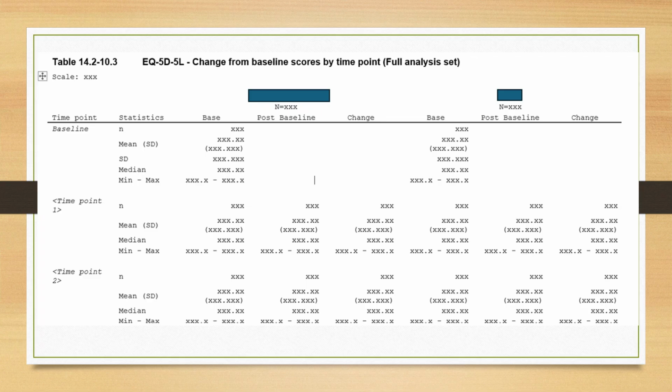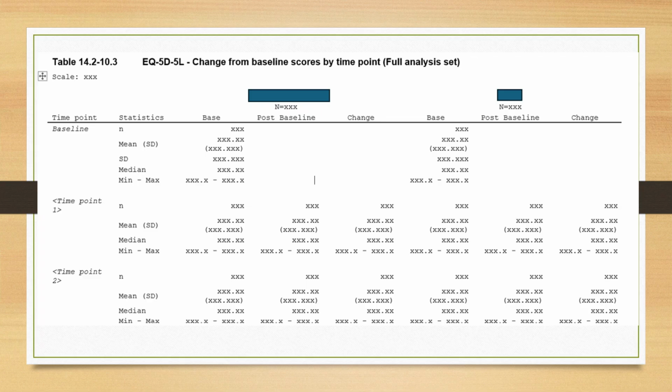Another point to note here is that in this table, for statistics value, we are not only populating the base value, but we are populating the change as well. As we all know, change is change from baseline, and in a simple or regular dataset, the change from baseline can be derived by applying the formula AVAL minus BASE, and the base is the value which is taken from the record identified as the baseline record.